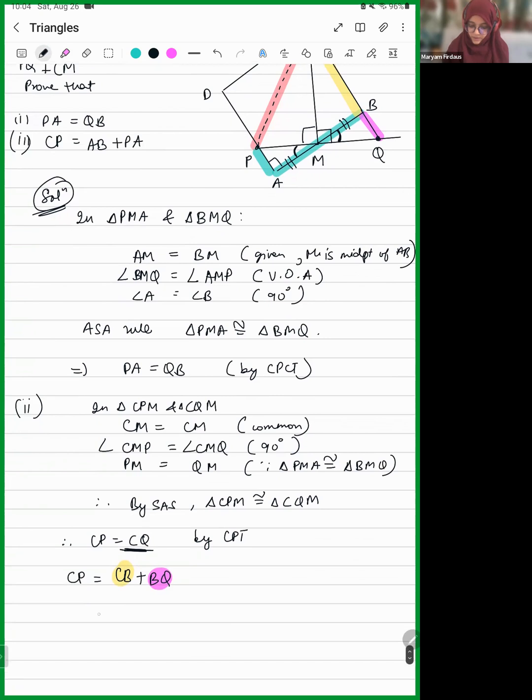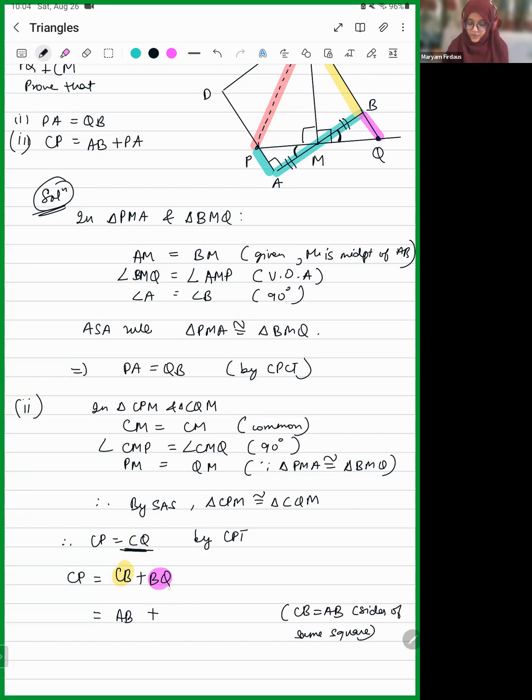Now, what is CB equal to? CB is equal to AB because sides of same square.